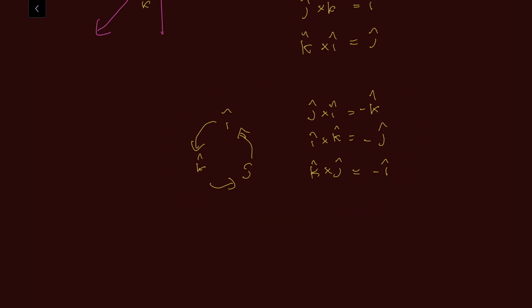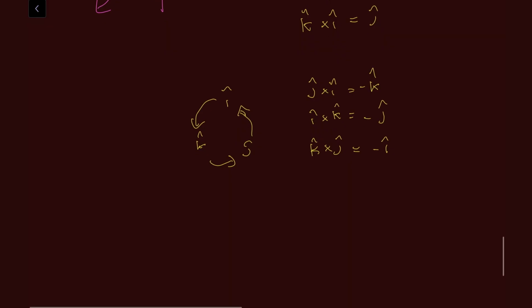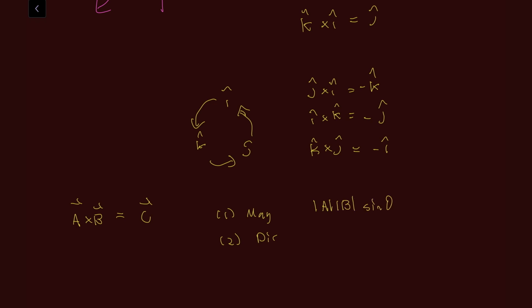Remember, we already solved for the magnitude of the third resulting vector. When you take the cross product of two vectors, you're given a third vector. And of course, like any other vector, it has a magnitude and a direction. We solved for its magnitude when we used the formula like this, and we solved for its direction by using the unit vector cycle.